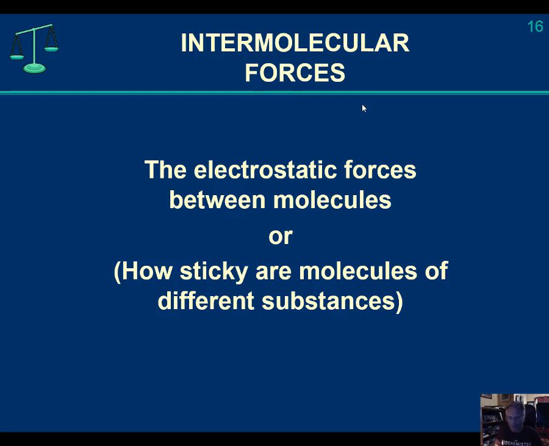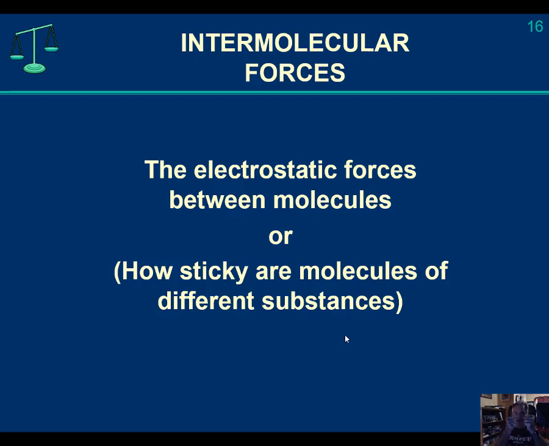And that it will be dictated by the structure of the molecule, the polarity that's in the bonds of the molecule. And this is something that we will go into considerable detail in Chemistry 1342, which is the second semester. However, we can summarize that as just how sticky molecules of different substances are for each other.